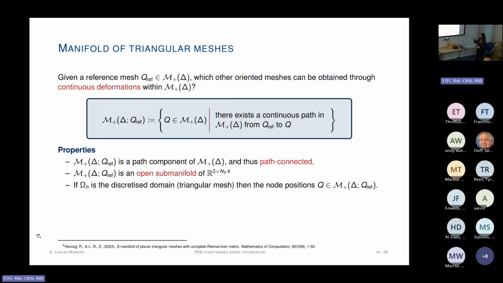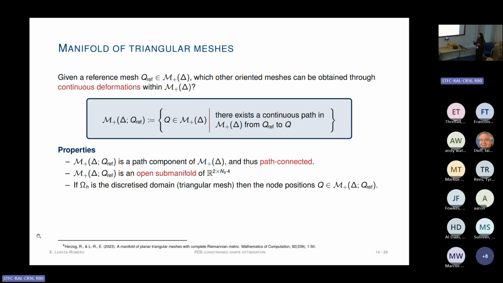So what we call the manifold of triangular meshes is the subset of this distribution of the nodes such that, for a given initial reference mesh, I can attain all of them through continuous deformations. And of course, we prove it's a submanifold.